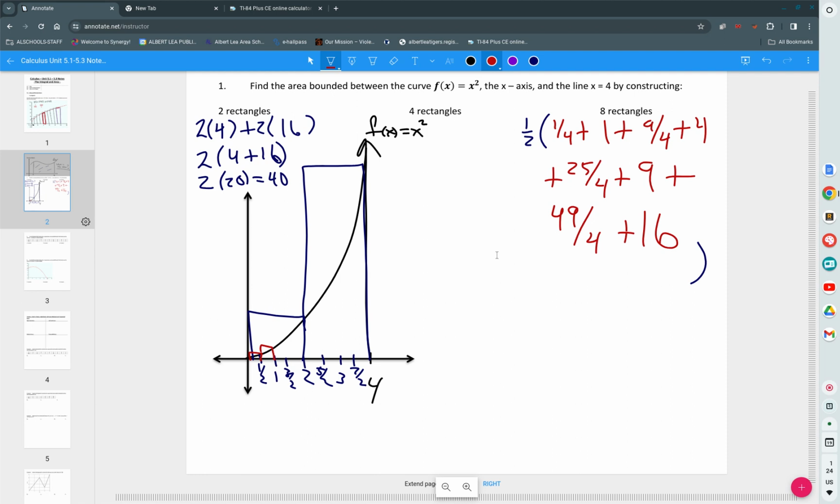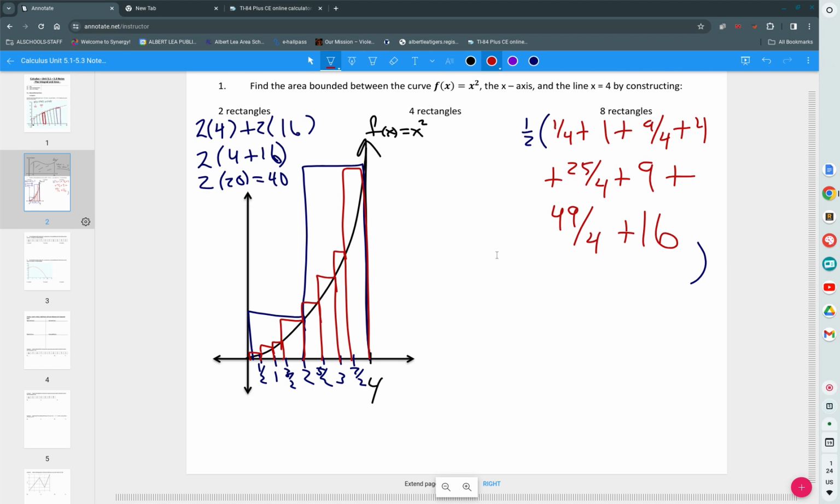16. Okay? Can somebody quick add those up on their calculator for me, please? And then divide by 2. As somebody is adding, can everybody recognize that the red is a much better estimation than the blue? Can everybody also recognize that both are in fact an overestimation at this time?